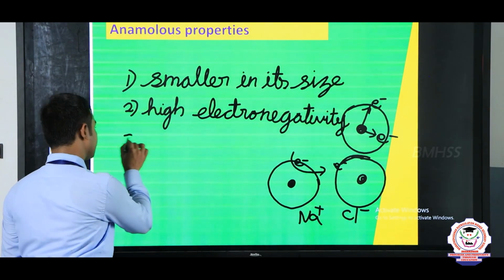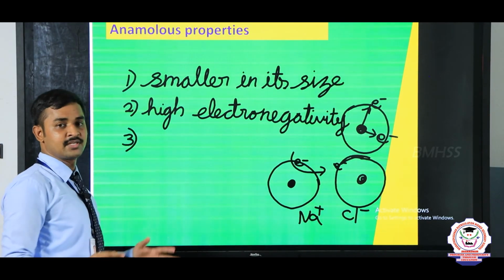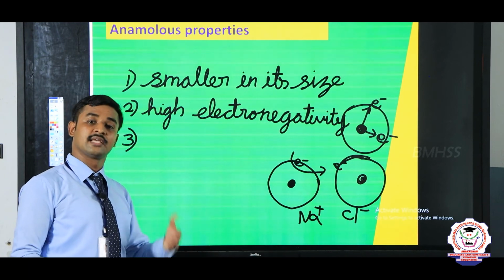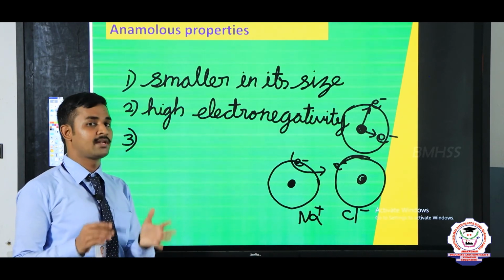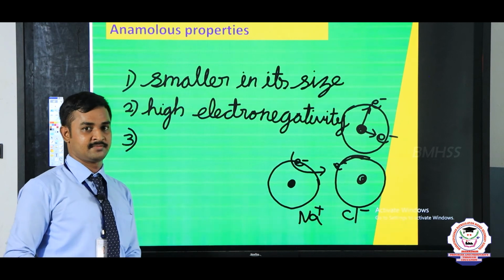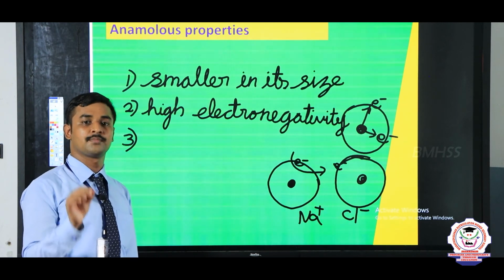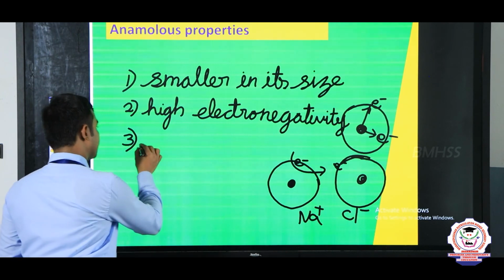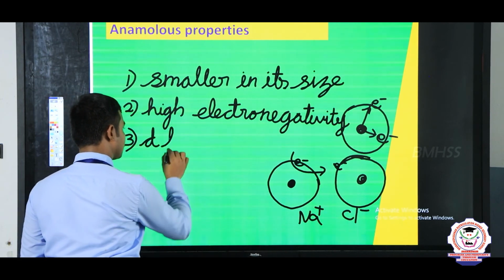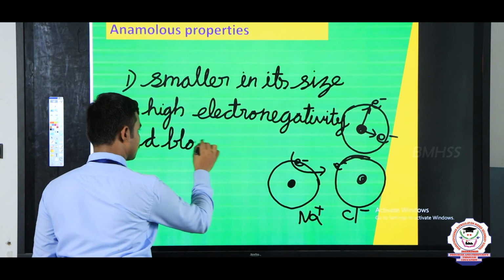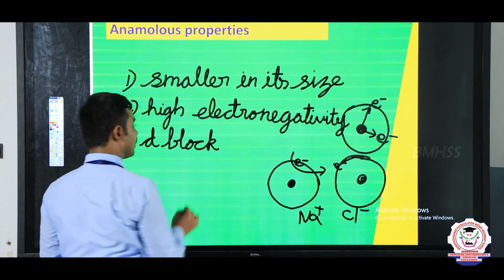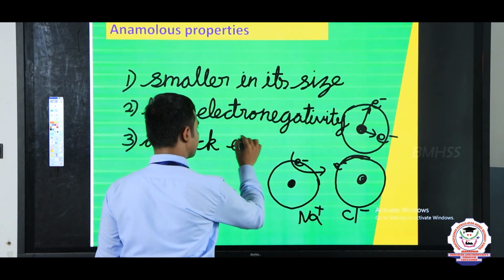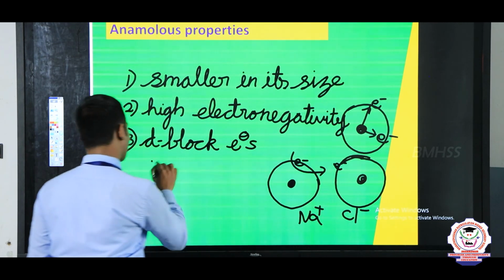This is electronegativity. So, electronegativity for the p block elements is higher. And the third one, it is very easy. P block elements do not contain d block electrons, and d block electrons will not be present in the p orbital. P orbital only contains p block electrons. So, the d block electrons will not be present in the p block. So, d block electrons are absent.